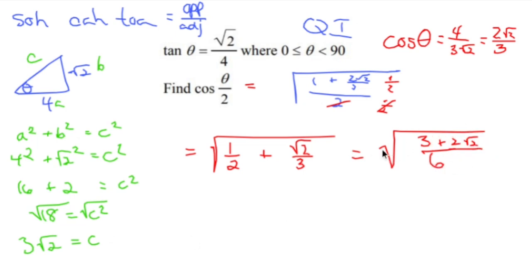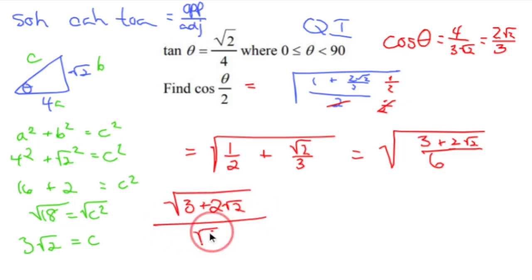If I wanted to, see, 6 is still on the bottom inside a square root. So if I wanted to, I can write this out as 3 plus 2 root 2 up top, root 6 on the bottom. I can rationalize by multiplying the top and the bottom by root 6 over root 6. That gives me regular 6 on the bottom.